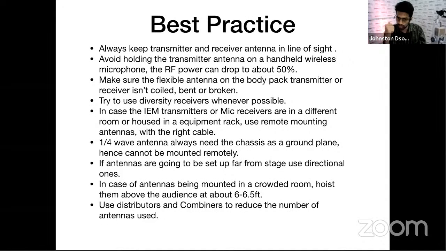For example, in an office situation, any conference room won't like to have all their gear lying around and exposed. So they would want you to install it in a place where you cannot see it. You can install the chassis in a different room, but you make sure that the antenna is coming to the room where they're using the wireless microphones.